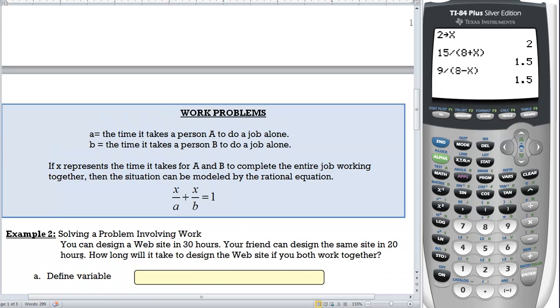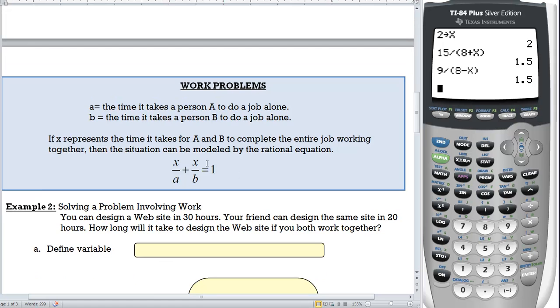So in this problem, you can design a website in 30 hours. Your friend can design the same site in 20 hours. How long will it take to design the website if you work together? Well, if I use this, my unknown, the question was if we work together, so X would be the time it would take for us to work together.